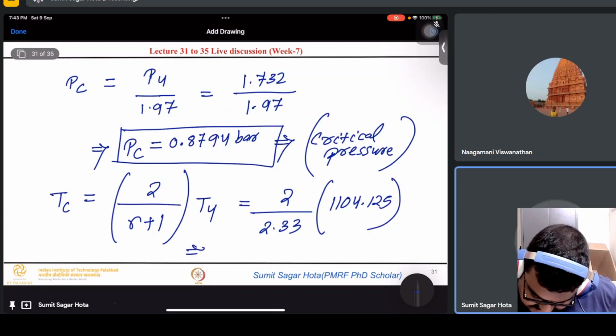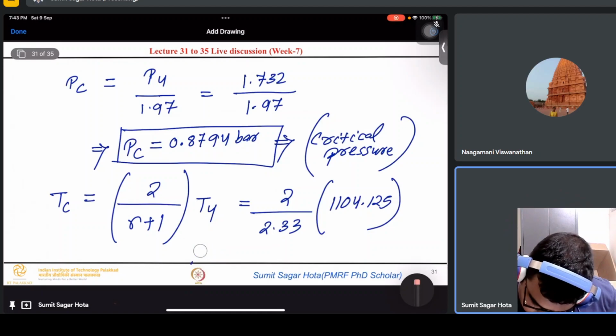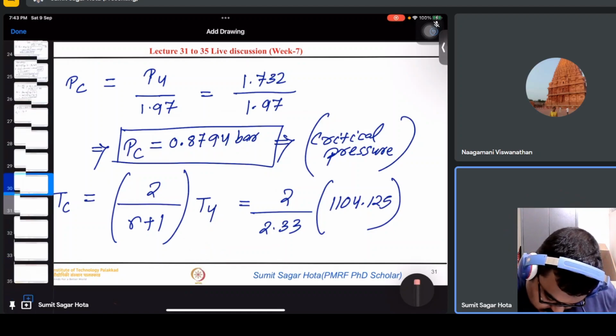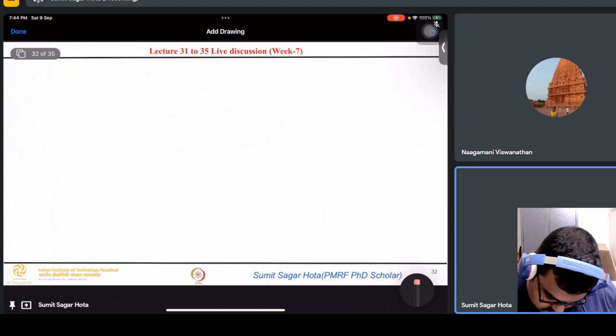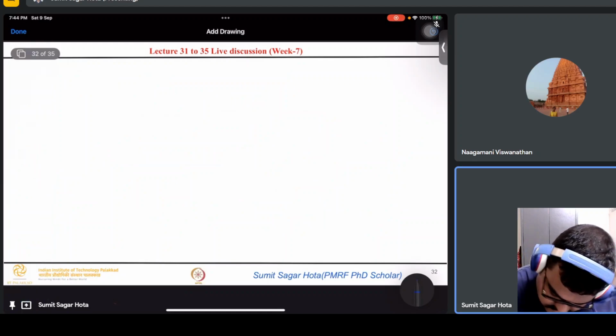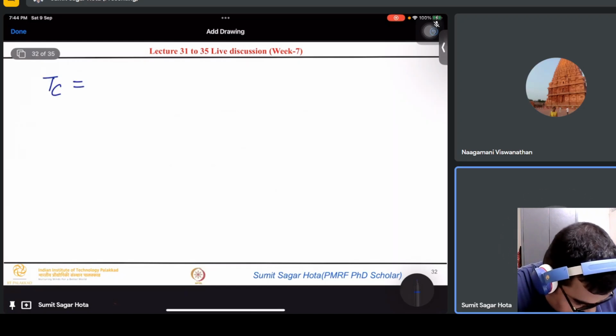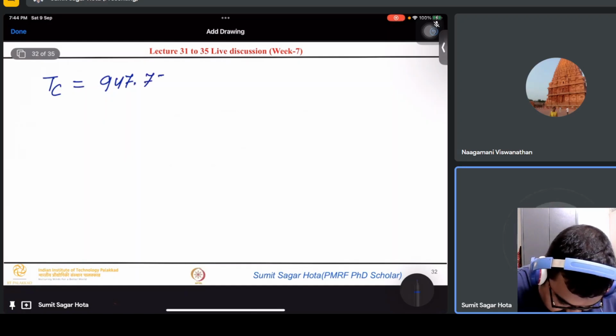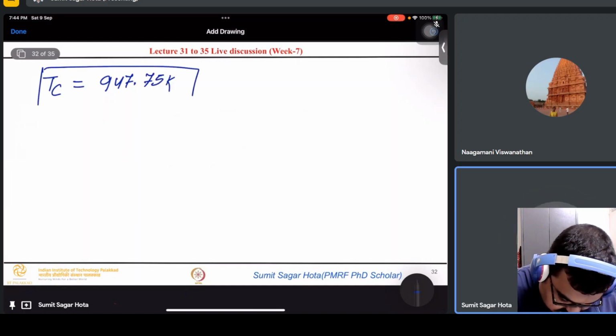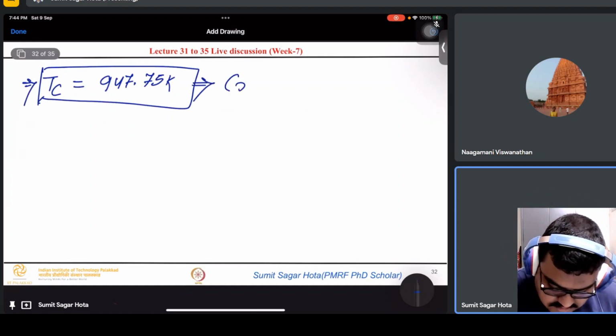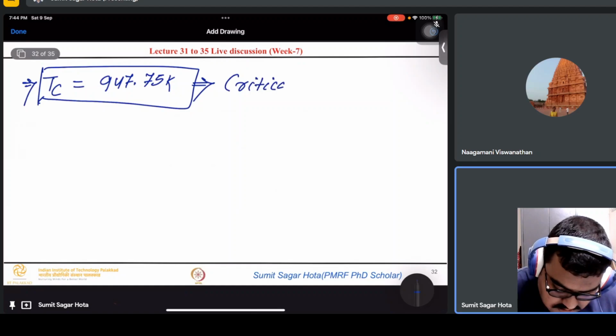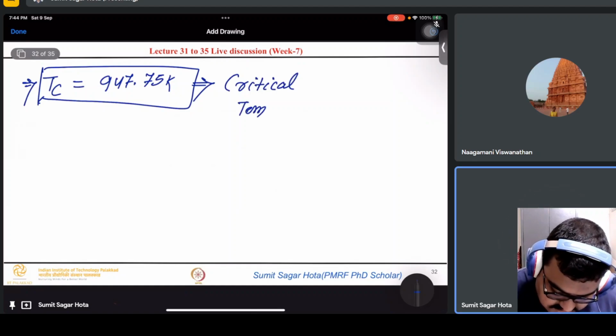So TC will be, next page will write down, TC is equal to 947.75 Kelvin, and this will be your critical temperature.